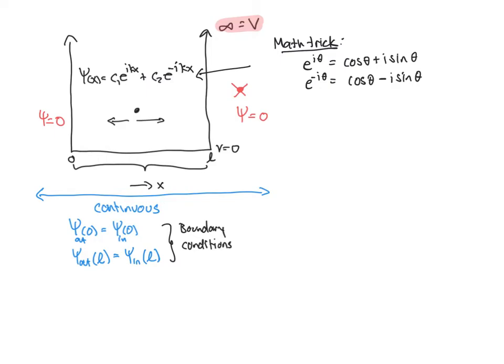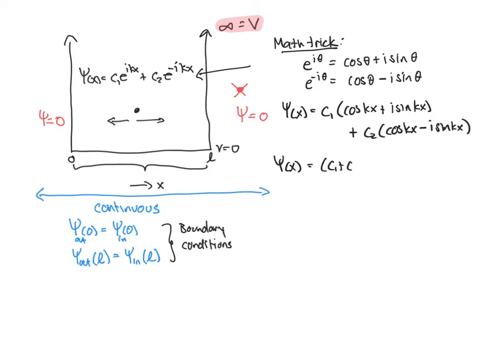So we can write psi of x inside the box as c1 times cosine, now our theta is k times x, plus i sine kx. And then we have c2 cosine kx minus i sine kx. If we collect our cosine terms, we have (c1 plus c2) cosine kx.